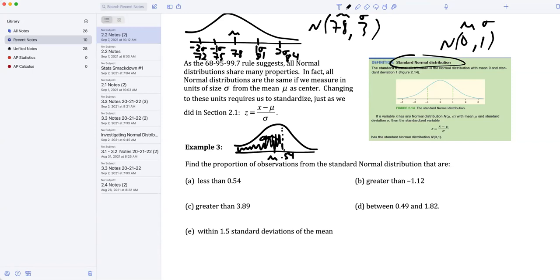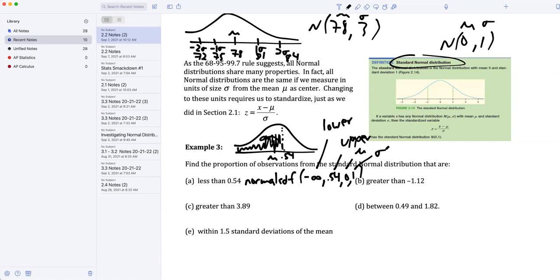Norm CDF. So it looks like this. We write down normal CDF. It stands for cumulative distribution function. I'm going from negative infinity to 0.54, and then mu and sigma are 0 and 1. This is the lower bound, this is the upper bound, and this is mu and sigma.